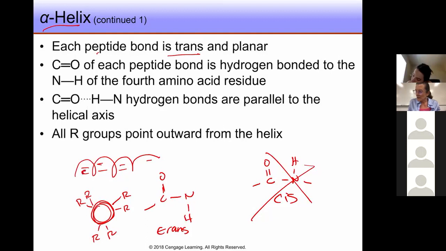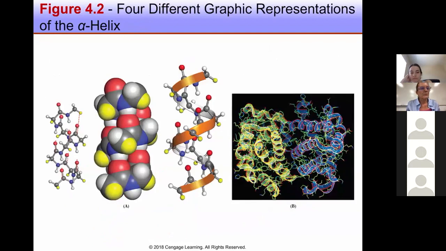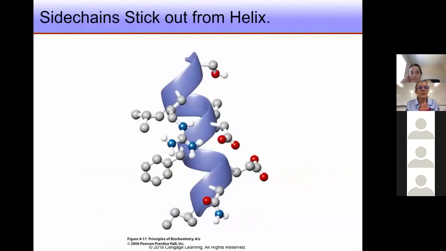The secondary structure is determined by those hydrogen bonds. But now that the R groups point outwards from the helix, they are available to stick to other helices or maybe other beta sheets. So the tertiary structure comes from interactions sticking out from the tube of the helix. More pretty pictures. Side chain sticking out, that's a better representation.